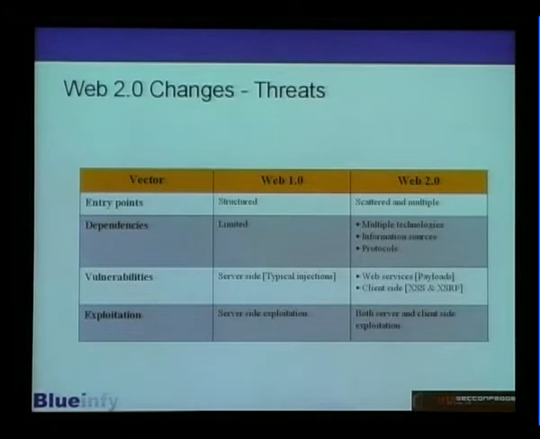Now this has an impact on the threats which we are looking at. We used to have multiple entry points to the system, but all these entry points to the 1.0 application were more structured. If I launch my application, I know that a person will come to a login page, he will pass on his username and password, and then he will go to this page, and then this page, and then this page. Over 2.0, what you have is back-end web services running.